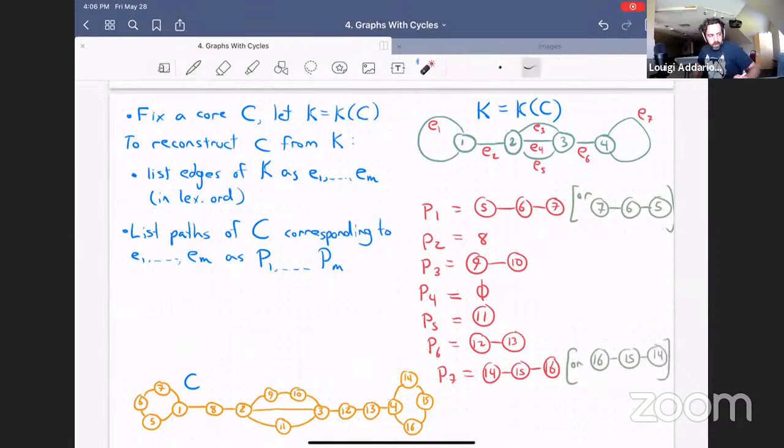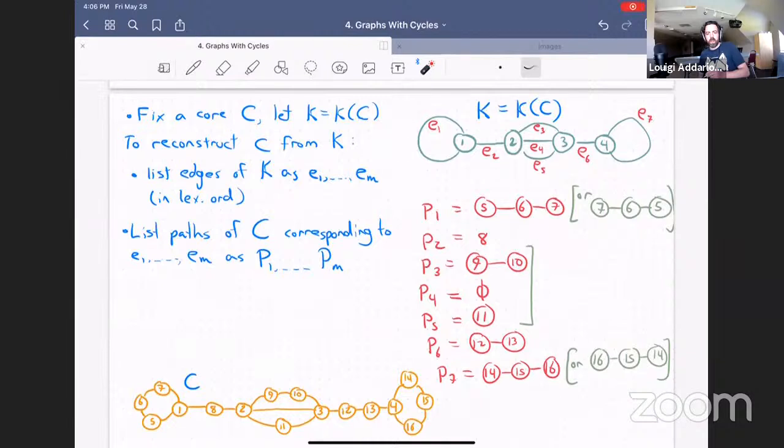So you see, if I tell you the paths, you can reconstruct the graph from the kernel, but that reconstruction isn't unambiguous. There's some symmetry factor of 2 for each loop, but there's another symmetry factor as well, right? Because remember these 3 edges, 3, 4, and 5, all join the same 2 vertices. So if I list those paths in a different order, I still get the same graph. It's the same labeled graph.